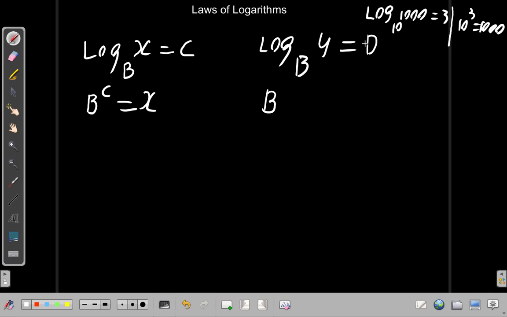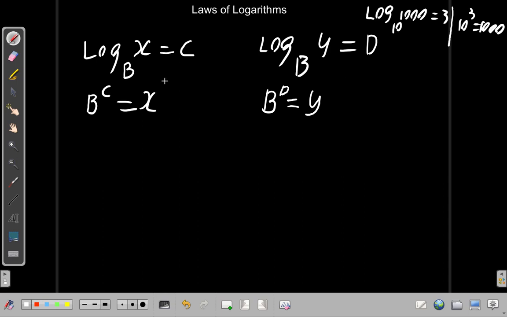Here, you say equals d, so in index form, it's the power or the index that you raise b to. In log form, you're finding the log of 1000. In index form, you say equal 1000, the answer. In log form here, you're finding the log of y. In index form, it should be the answer. You say equal y. Alright, good.